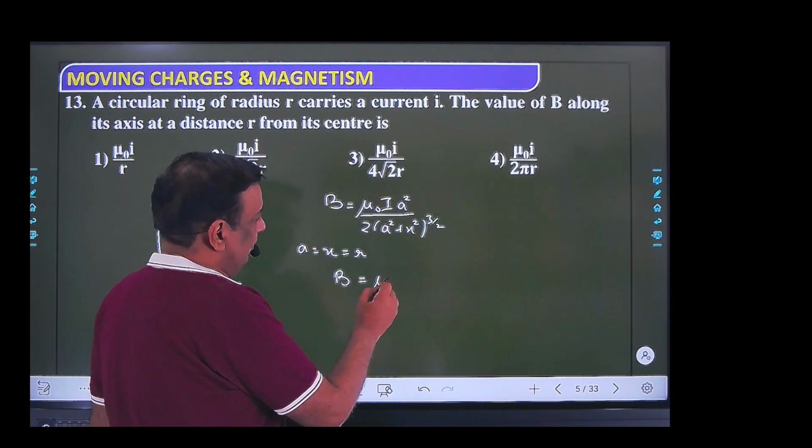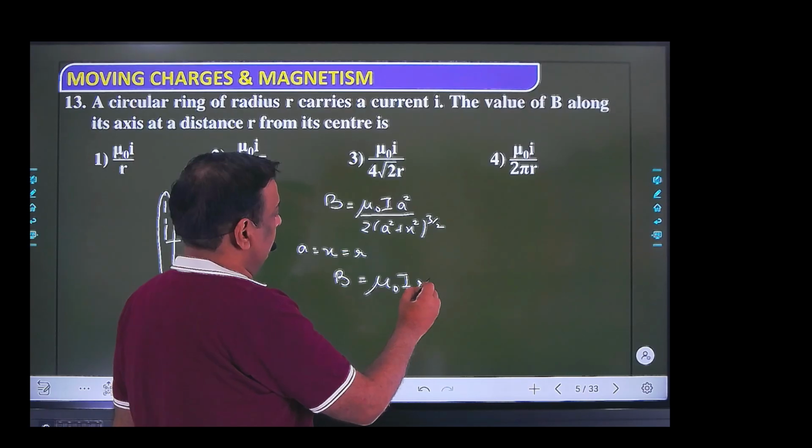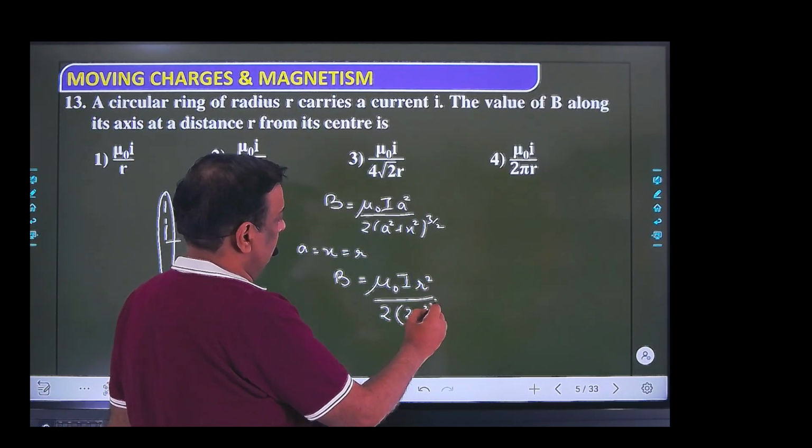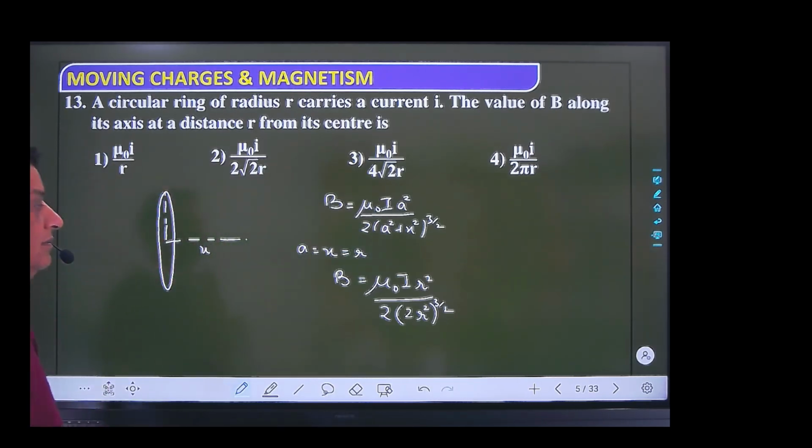So B comes out to be mu naught I r square by 2r square raised to power 3 by 2.